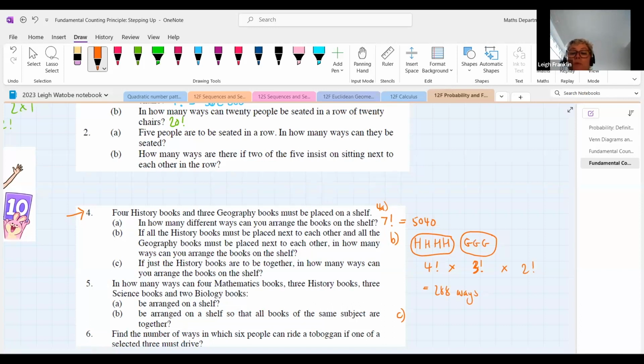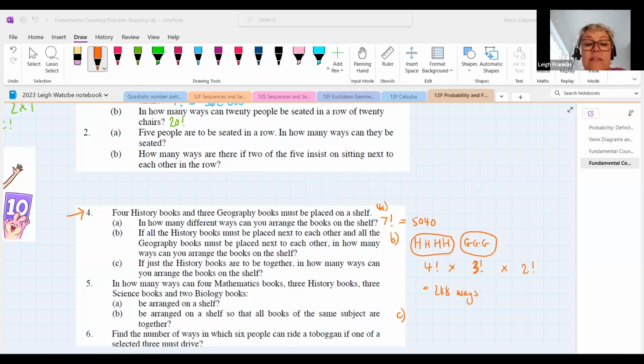So we just want the history books together. Okay, so Nhlanhla says 4 factorial by. Okay. You thought about that again. Okay. So the history books are to be together. In how many ways can you arrange the books on a shelf?